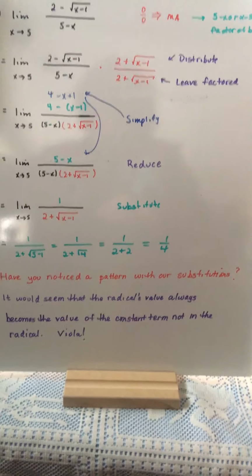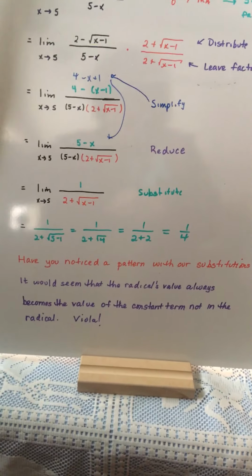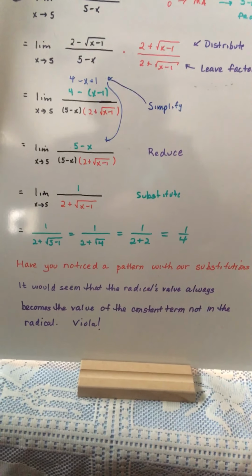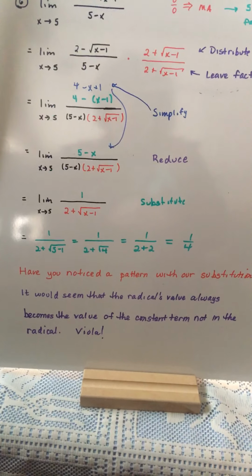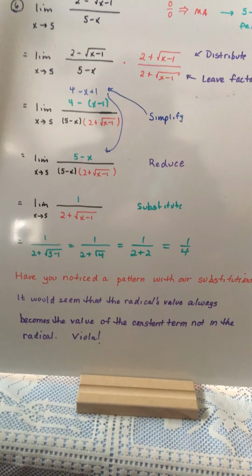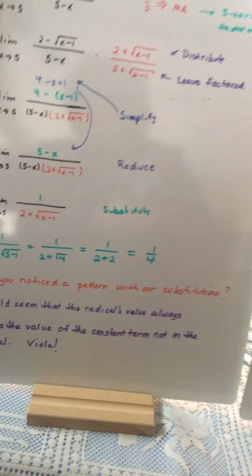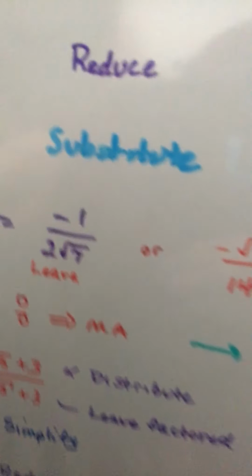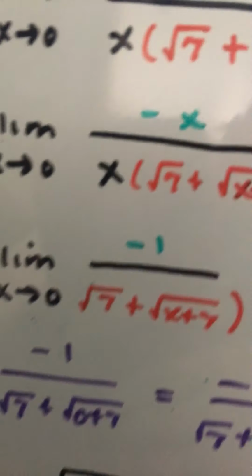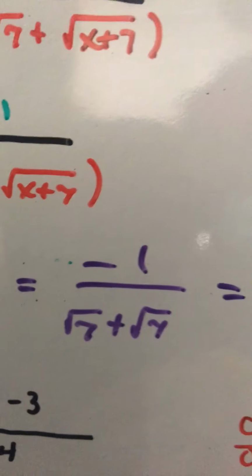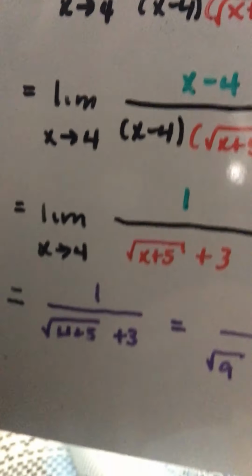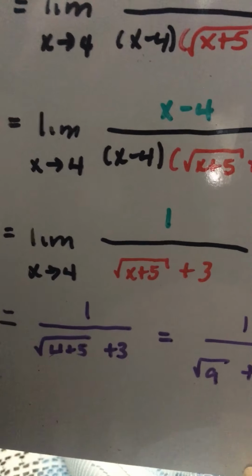Have you noticed a pattern with the substitution? It would seem that the radical's value always becomes the value of the constant term that is not in the radical. Let's look over here. What was the constant term not in the radical here at the end? Root 7. Oh, wow, it became root 7. What was the value of the constant term here? 3.